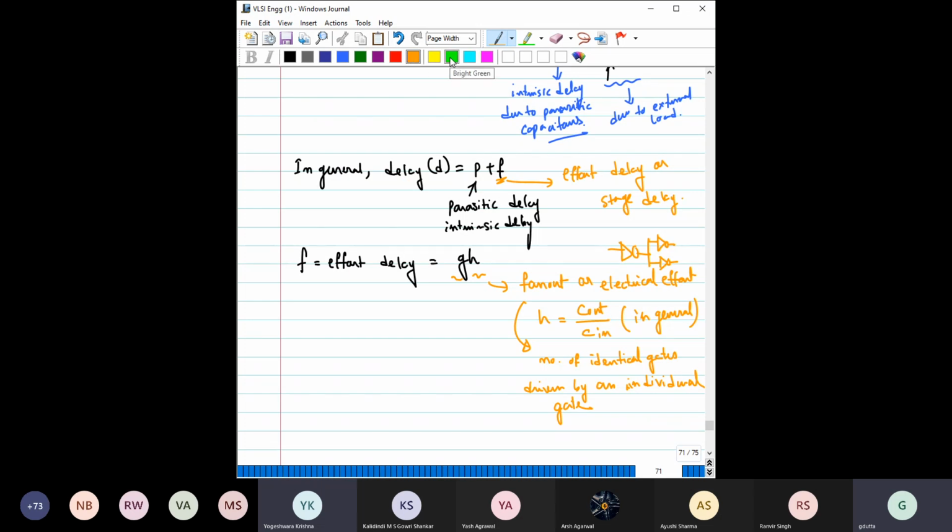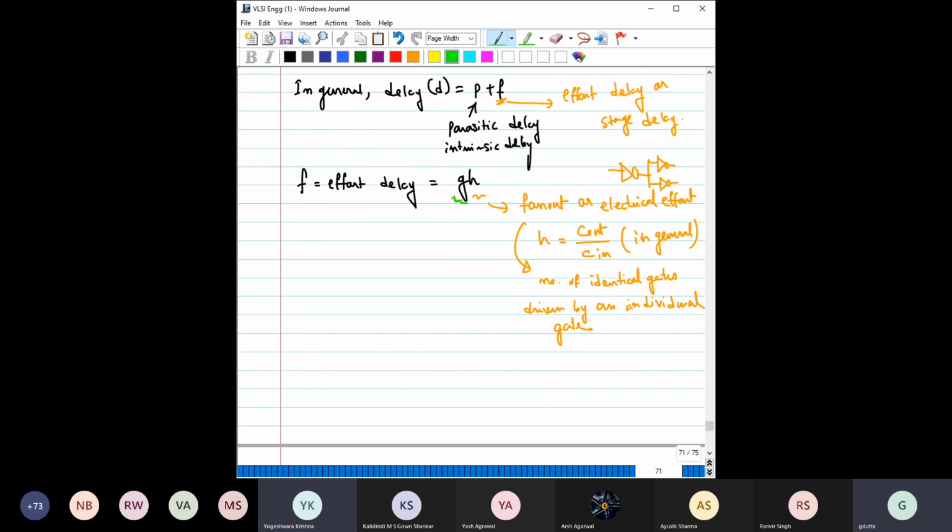Now here is one more term, that is G. This G is called the logical effort. This logical effort depends on the gate that you will be using. Suppose this inverter drives another inverter, then the logical effort would be equal to 1, because the complexity of this gate and this gate is the same in terms of delay.